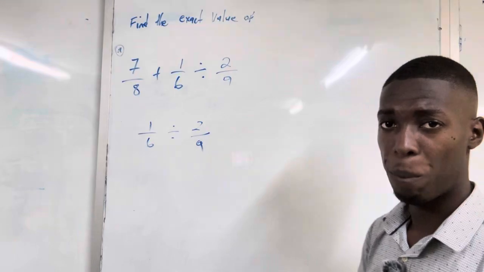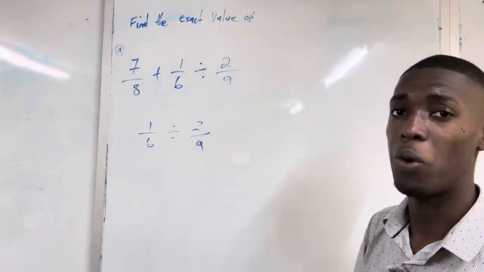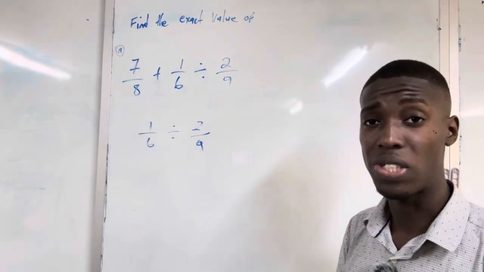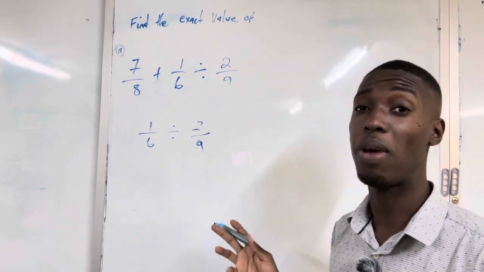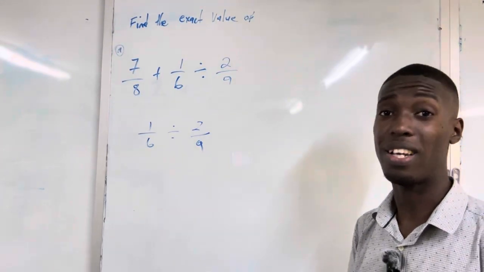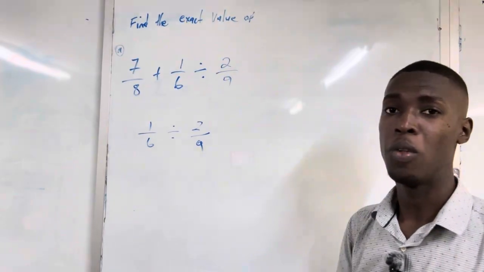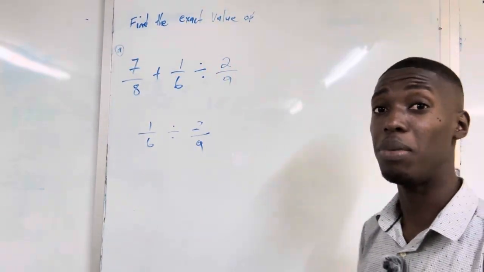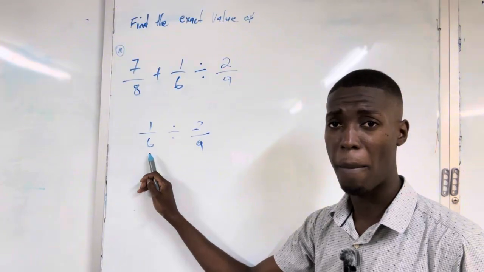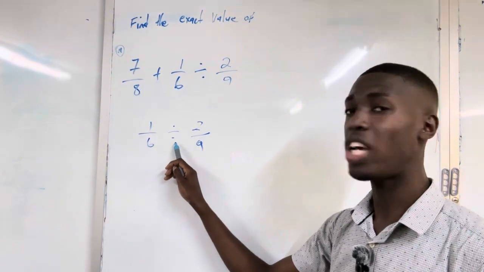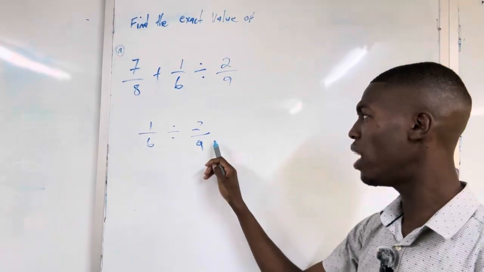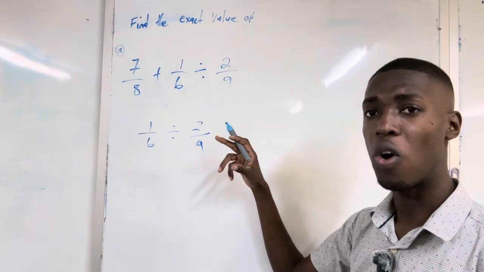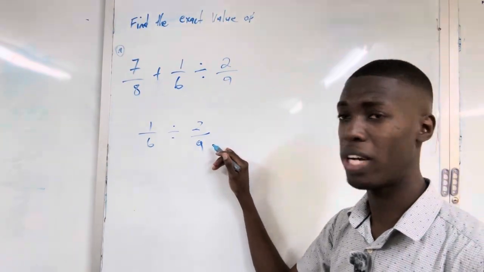Right, so of course, when we're dividing, there's a method that we use, the KCF method, or some people might say the KFC method, right? But for me, I call it the KCF method, right? So what does that mean? It basically means you're gonna keep the first fraction, change the operation from division to multiplication, and then flip or find the reciprocal of the second fraction, right?